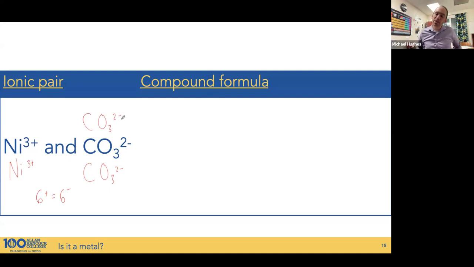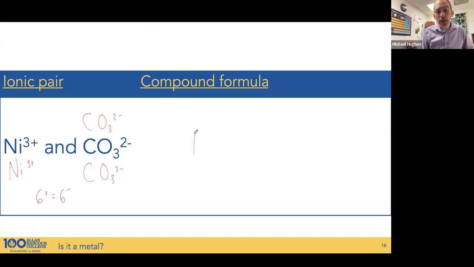And so referencing the mistake I made on the previous slide, in that case I didn't need the parentheses because I just had fluoride, 1 element as an anion. Now I have a polyatomic anion and I need 3 of them. And so in this case, I'm going to need to use parentheses around the carbonate to say that I need 3 carbonates. I don't need parentheses for the nickel.